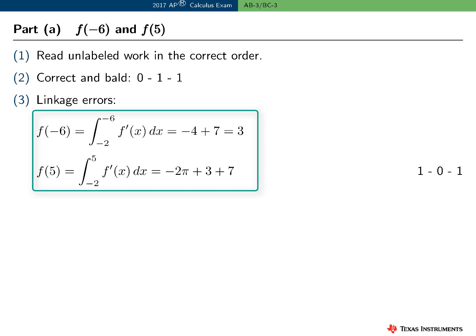They've committed a linkage error. However, they can only be penalized for a linkage error once in part A. Therefore, they would earn the f of 5 point. So this student would earn 2 of the 3 points in part A. It would be scored as a 1, 0, 1.